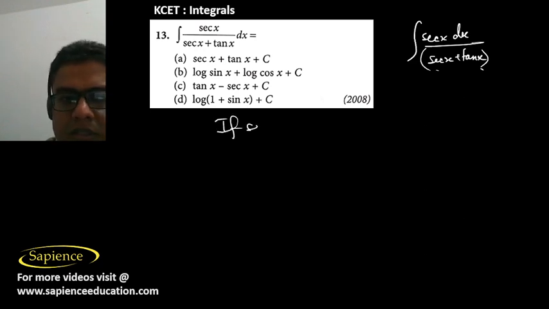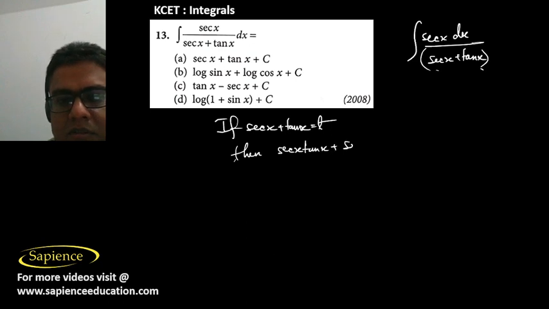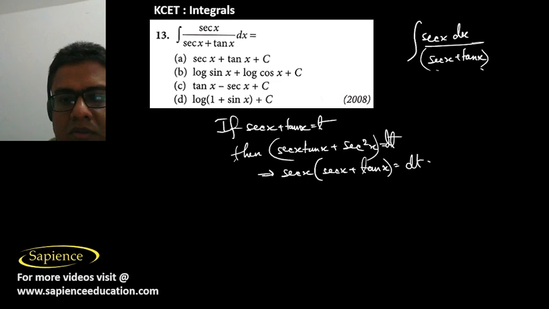Now if we take sec x plus tan x as t, then if we do d by dx of this, d by dx of secant x is sec x tan x plus d by dx of tan x is sec square x, that is equal to dt by dx. It means that sec x into sec x plus tan x dx is equal to dt. So therefore sec x dx can be written as dt by t.